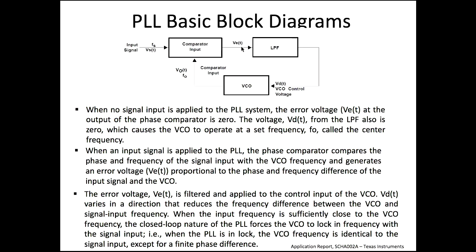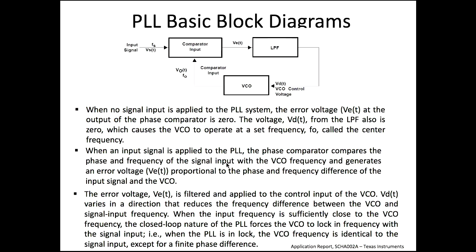When this error is there, it will give a voltage, and that voltage will vary this frequency, and after a couple of cycles, quickly, this frequency will be locked into this one.